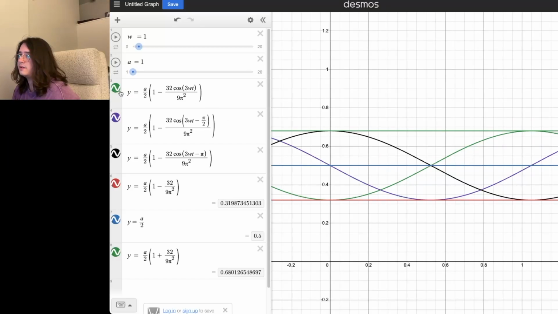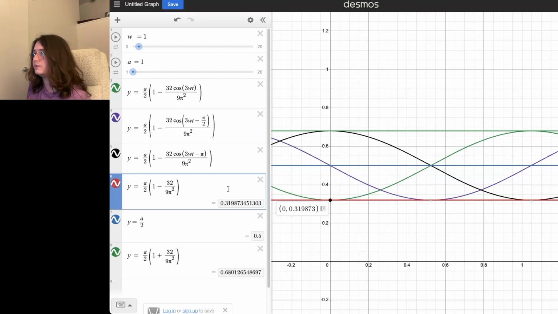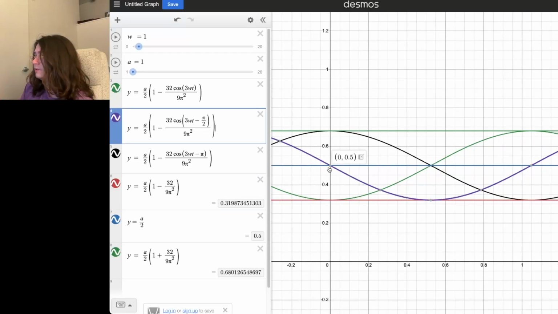The green curvy line, which is with no phase, crosses right here, which is going to have an initial value of a over 2 times 1 minus 32 over 9 pi squared. But then the one with the phase of pi over 2 crosses here at exactly a over 2.